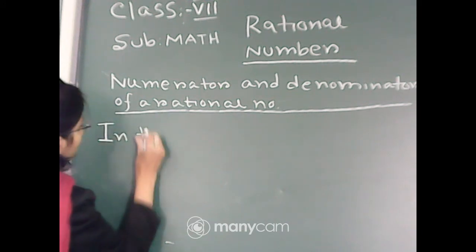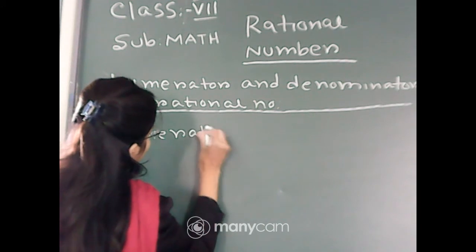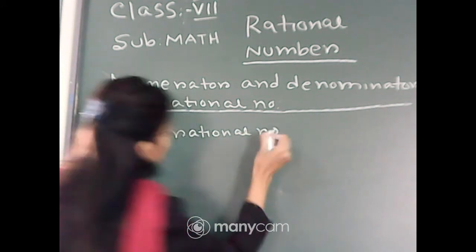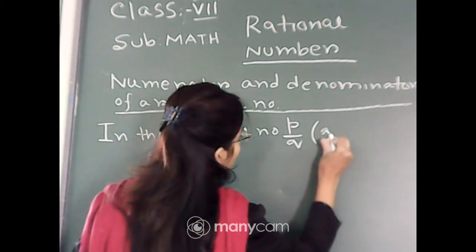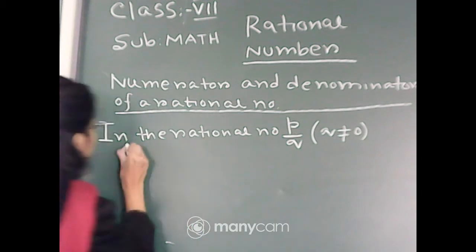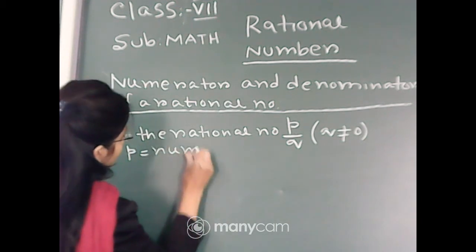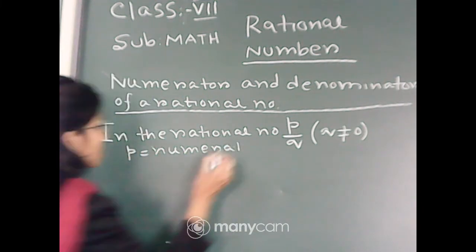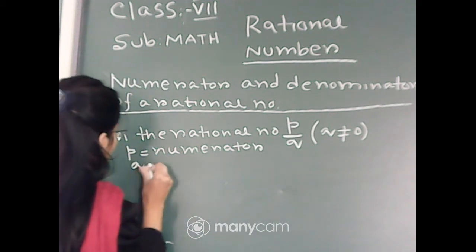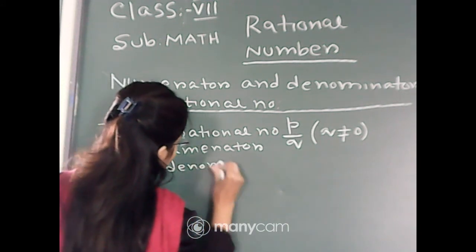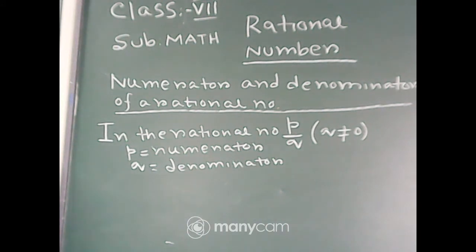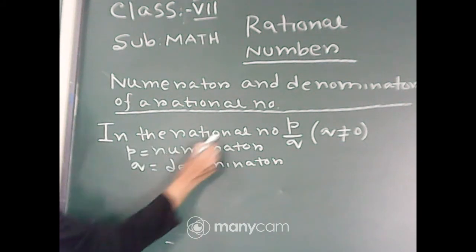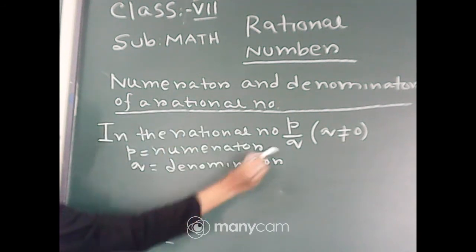In the rational number P divided by Q, where P and Q are integers and Q not equal to 0, P is called the numerator and Q is called the denominator of the rational number.